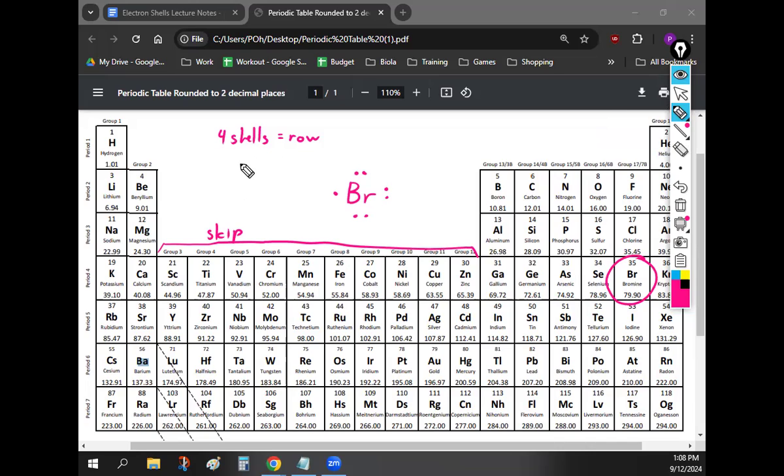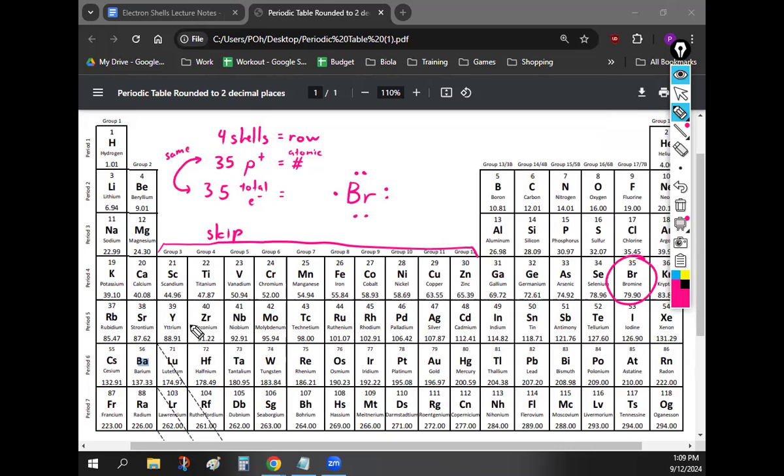Okay, let me ask you guys now. How many protons does bromine have? 35, and that's the number on top of the box. Okay, so we're gonna put the atomic number. How many electrons in total does it have? How many total electrons? 35, because remember, protons and total electrons are the same.